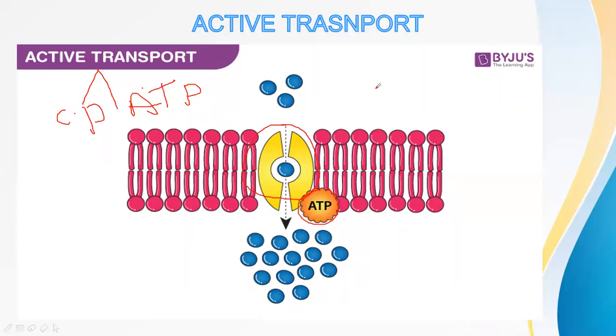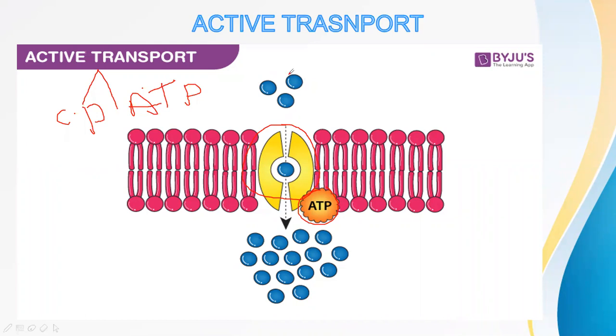So in the third paragraph, on page number 38, both energy and carrier proteins are needed for active transport. If the activity of this carrier slows or ceases, or if ATP cannot be generated, there is no possibility of active transport.